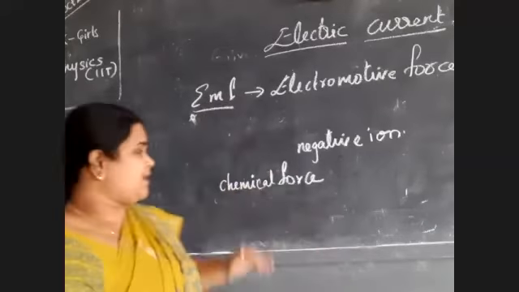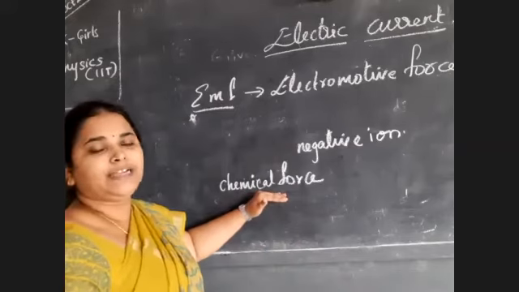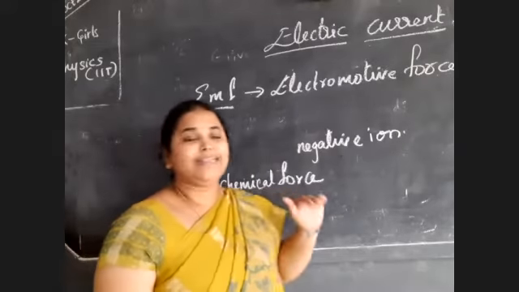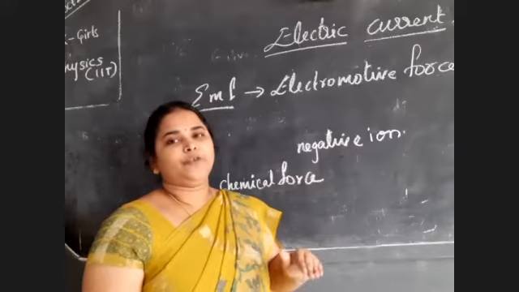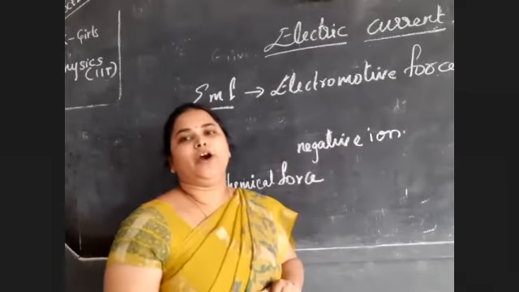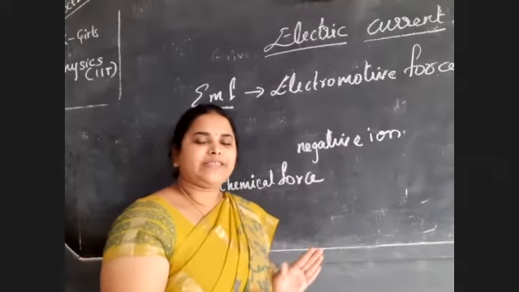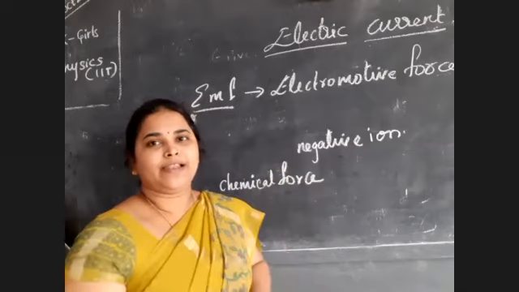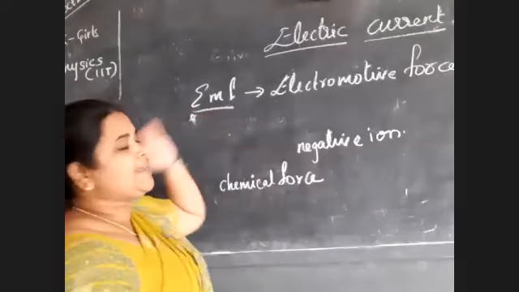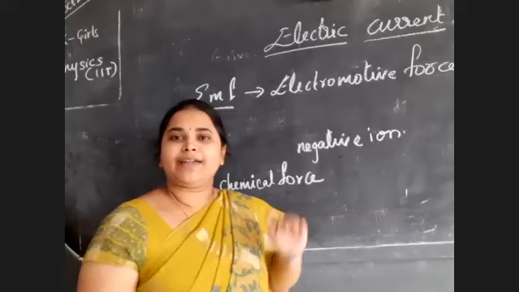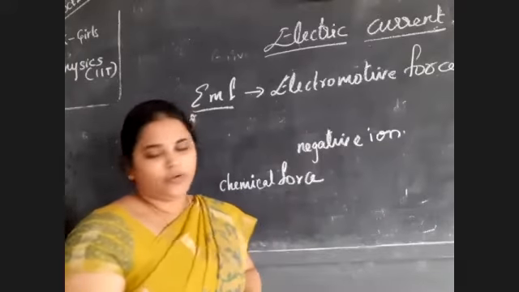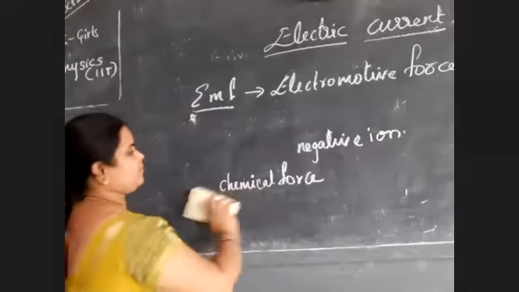That force is applied by the chemical force, the electrolyte in the battery. So that work done by the chemical force on a unit negative ion to move from the positive terminal to the negative terminal is known as EMF. Remember the definition and try to write it down in your notes.